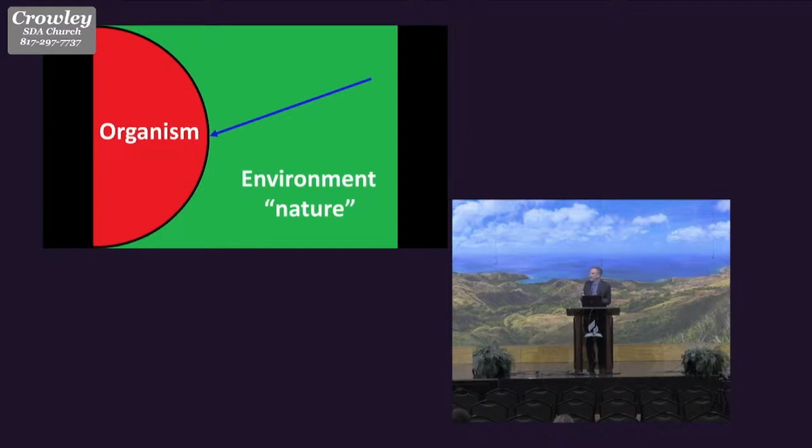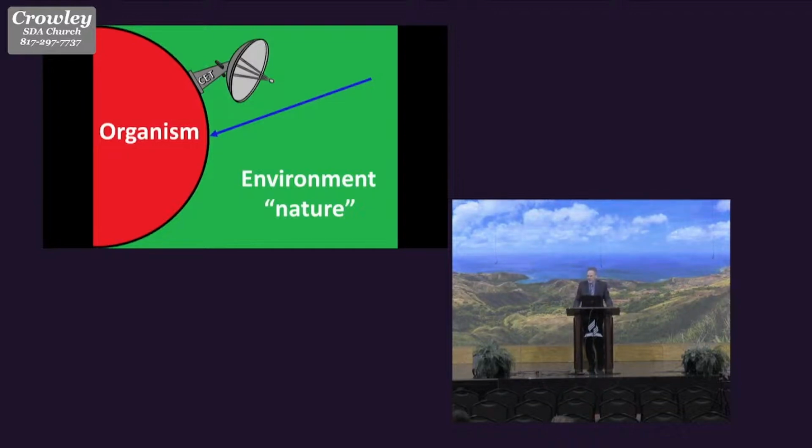So in order for an organism to adapt to its environment, it has to sense its environment. So I put this little radar screen up there to say this organism, and really this can apply to every organism, from the smallest bacteria to the biggest critter, it is going to have the ability to sense its environments.